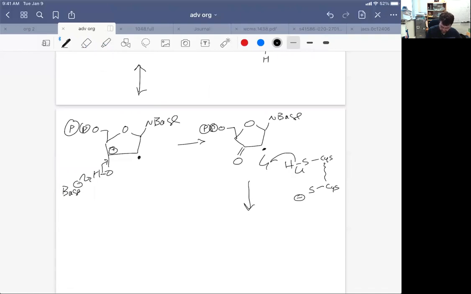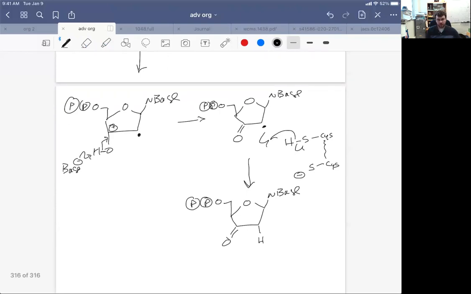And now we've fully deoxygenated our 2 position. And so what we have to do at this point is just deal with our ketone oxidation state to get the appropriate alcohol oxidation state again. And to do that, we're going to rely on this sulfur radical system.